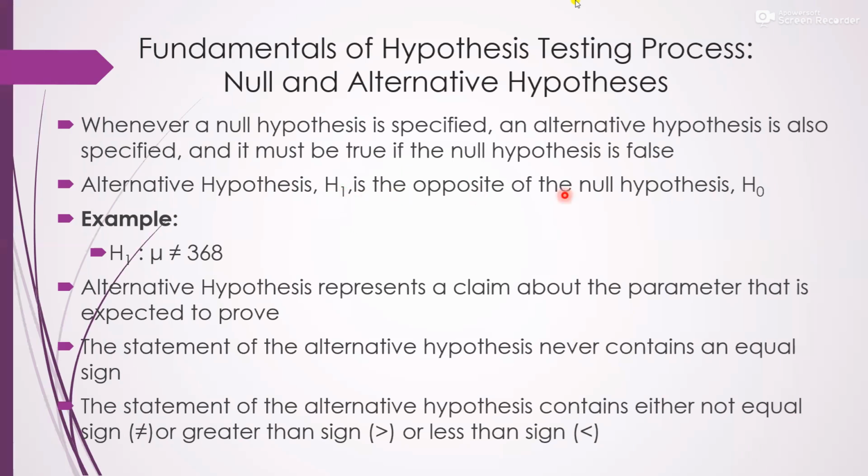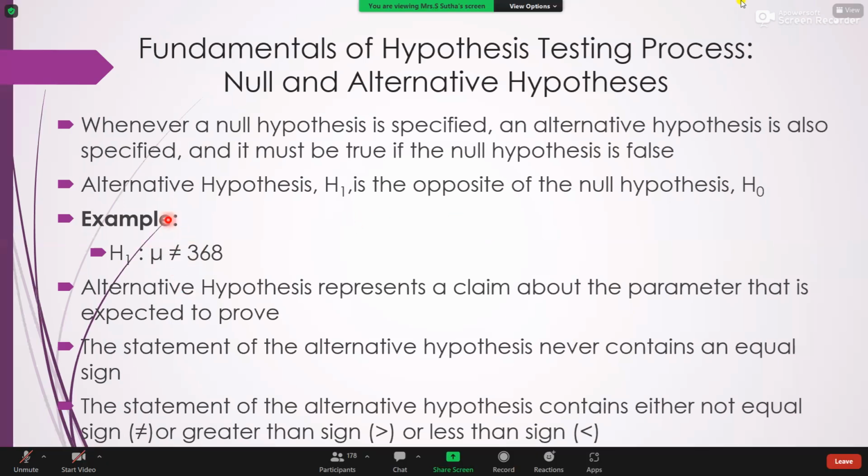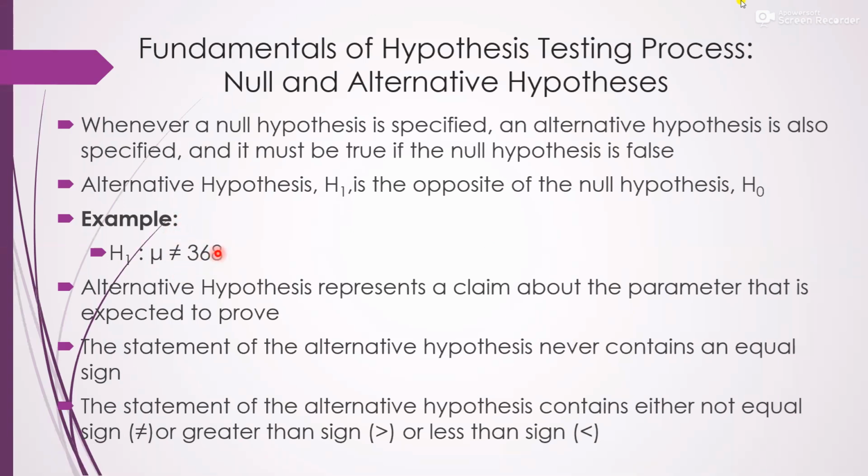That is the opposite of the null hypothesis H naught. Suppose in H naught we say mu is equal to 368, then the opposite is mu not equal to 368. That is specified as our alternative hypothesis.